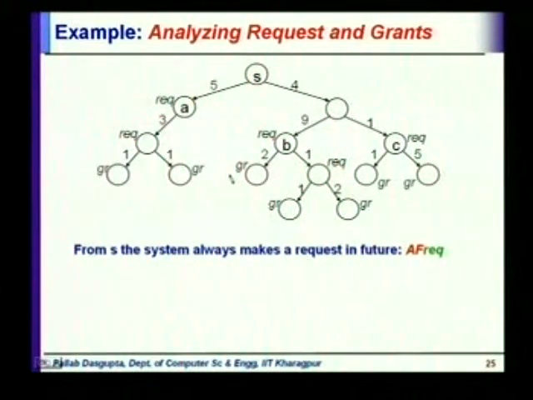True, right? Because if you look along every path, then in future request is true. Along this path request is true here, request is true here, right?